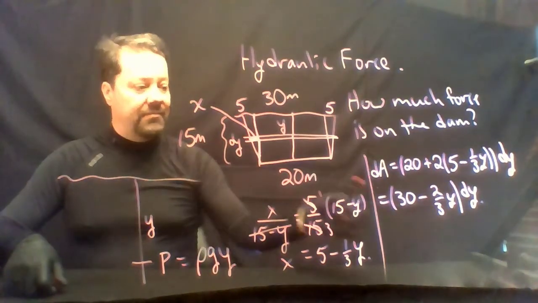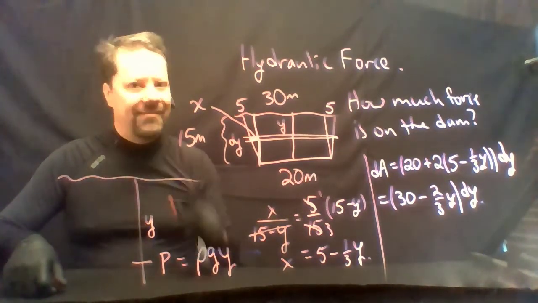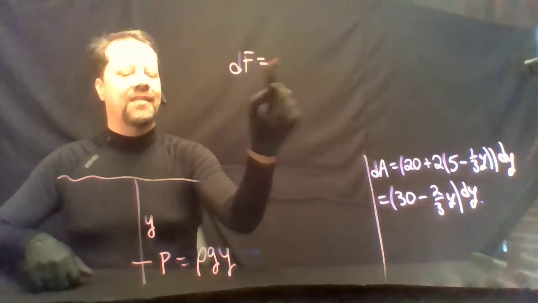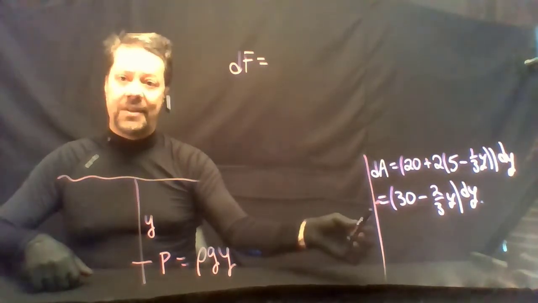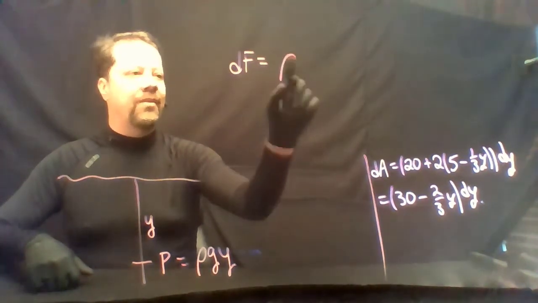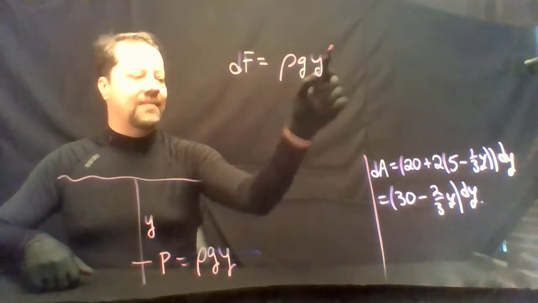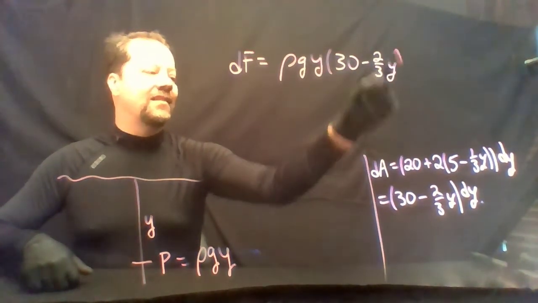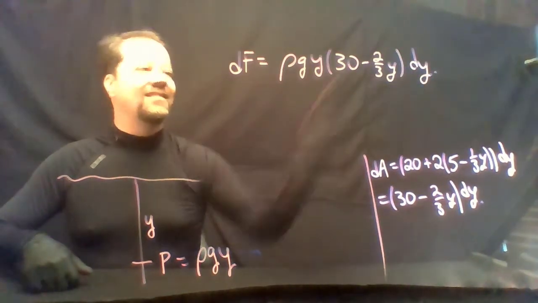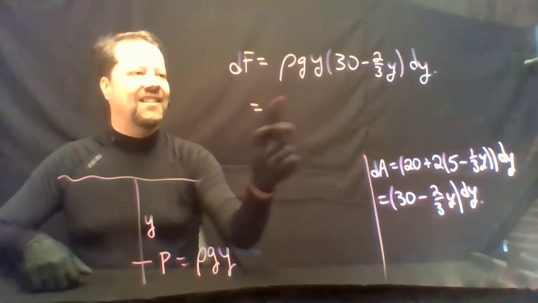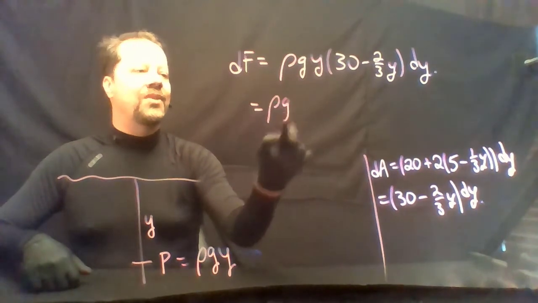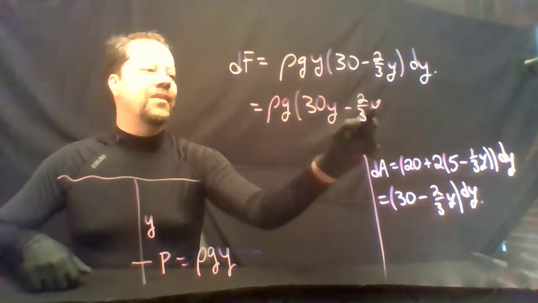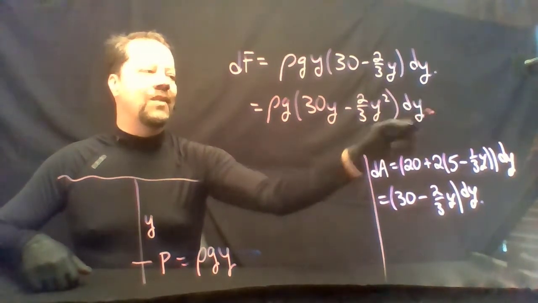And remember, area times pressure is the force. Our little element of force is then going to be pressure times the element of area. It's going to be rho g y times 30 minus 2/3 y dy. This gives us rho g times 30y minus 2/3 y squared dy.